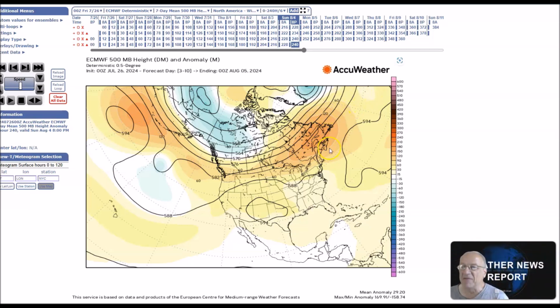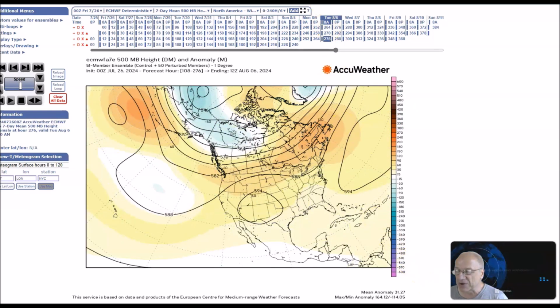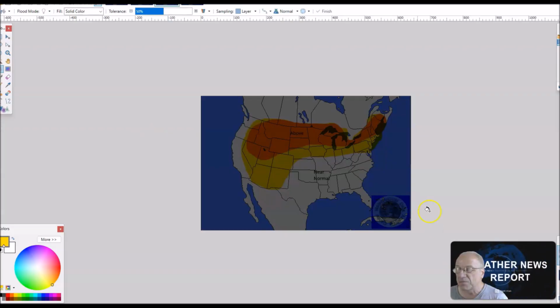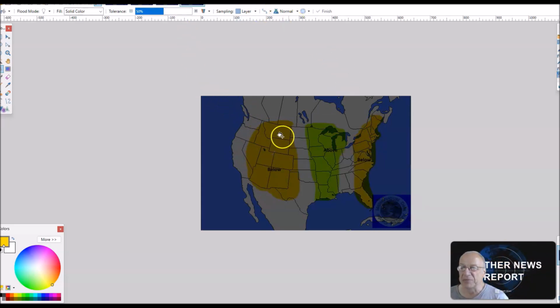But overall, we're expecting a trough in the east and ridge in the west. So for this forecast period, I am calling for above normal temperatures here, with anomalies at least 8 degrees above normal, mainly across the north, and near normal here, due to the trough. And for precipitation, I'm calling for below normal precipitation here, probability of occurrence 35%. And we have above normal precipitation for this region here, probability of occurrence is 35%.